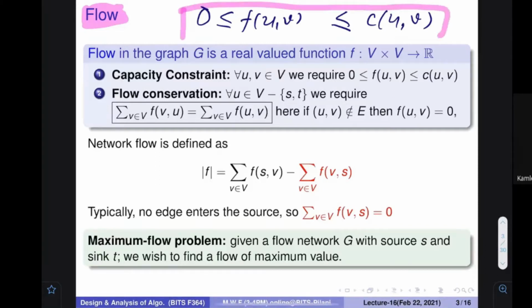Whatever flow you have, it should be bounded by the capacity, and it should be positive. That's all we want.